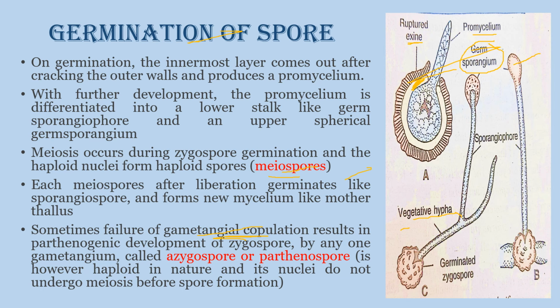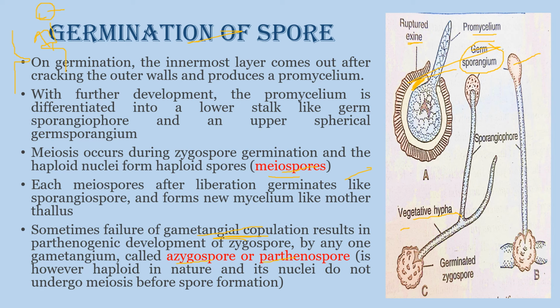That is, if the progametangia of this mycelium do not fuse, then each of these gametangia develops parthenogenetically into another spore-like structure. But this spore-like structure is haploid, and this is called the azygospore or parthenospore.